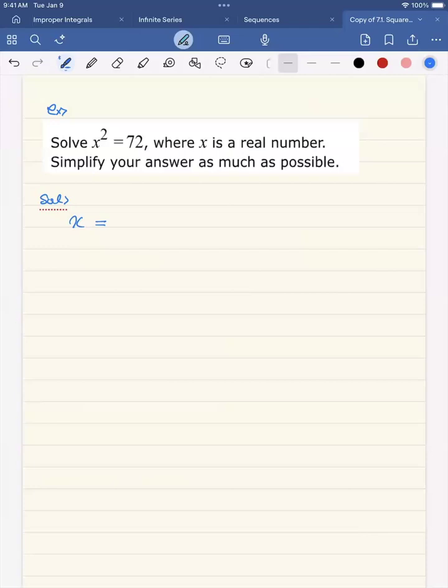Solve x squared equals 72, where x is a real number. When we solve the equation, again, we take square root on both sides. Then we have plus or minus square root of 72. So we have to decompose 72. That's 4 times 18, and then 18 is 2 times 9.